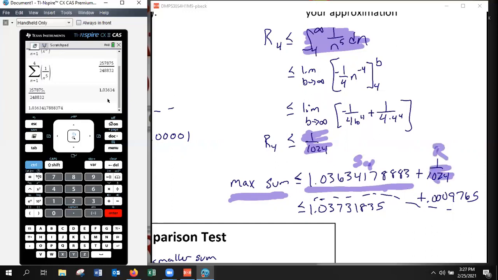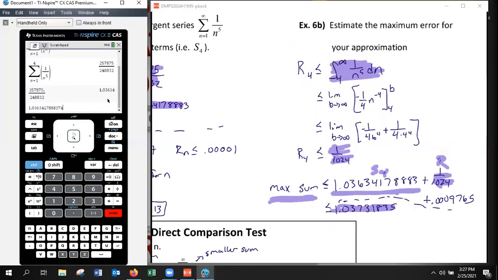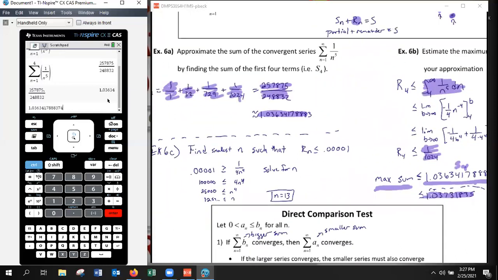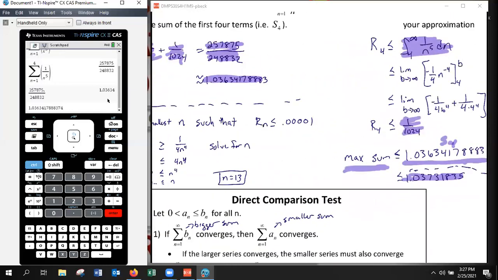So we know that remainder has to be smaller than the actual sum. Which I get this value. And by the way, you could see that we are really, really close, that we are within 1/1000th just by taking the 4th partial sum.